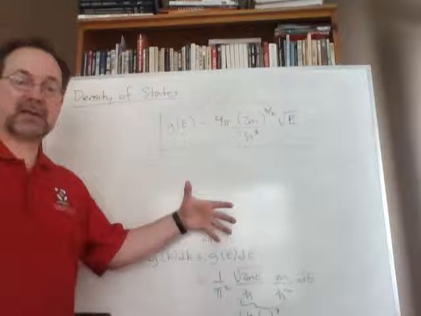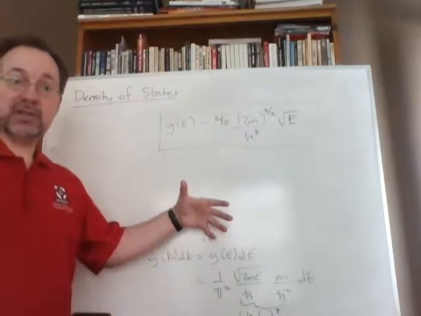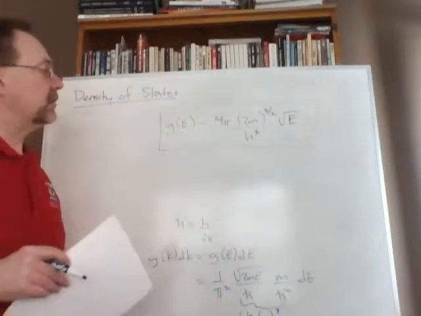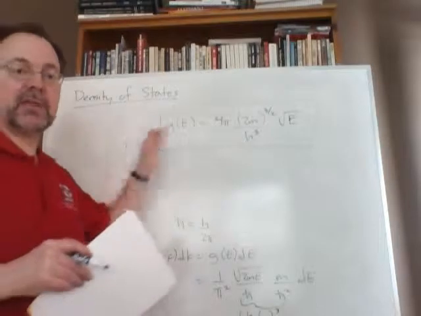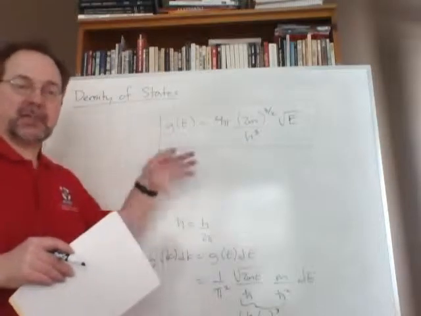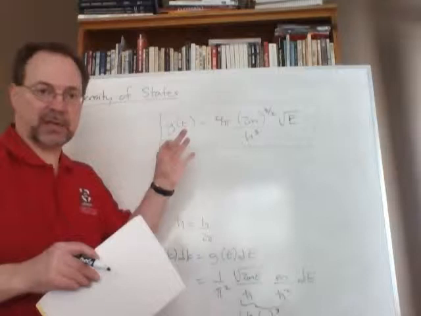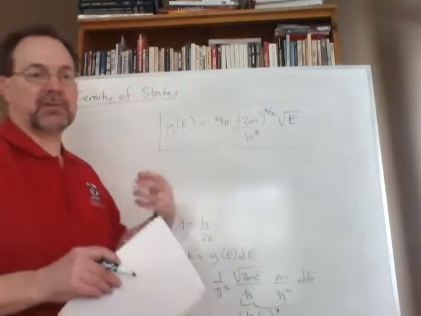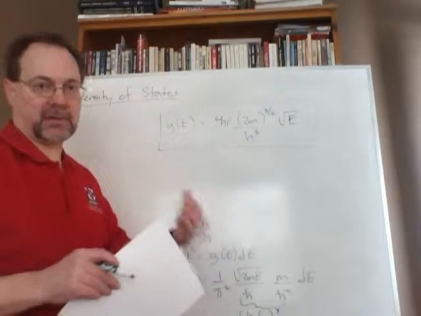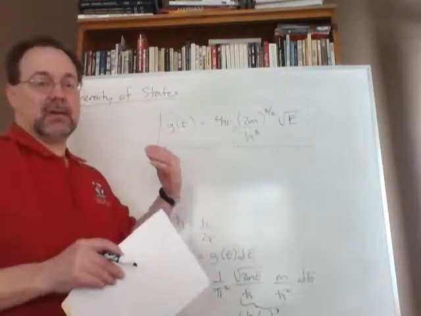We started in a big box, a big cube, and we found we had 3 steps. We found the number of states in k space per unit volume in k space. We found the differential volume in k space for a given value of k, k dk.